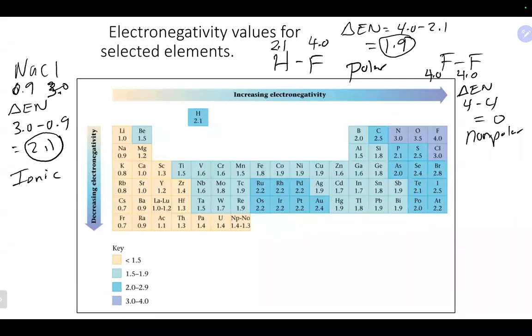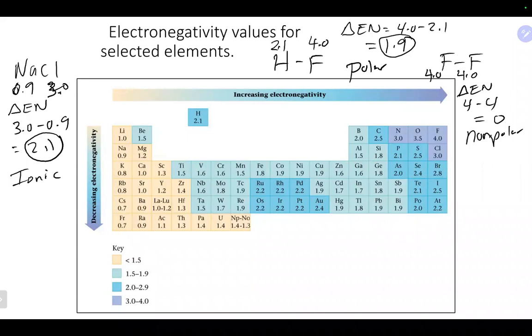But really speaking, 0.4 means there's still a little bit of unequal sharing happening there, right? But with a difference of 0, it's perfect equal sharing that occurs. So even though technically up to 0.4 is not perfect sharing, it's still considered enough to be non-polar. But definitely 0 is perfect equal sharing of electrons. Any questions on that there?